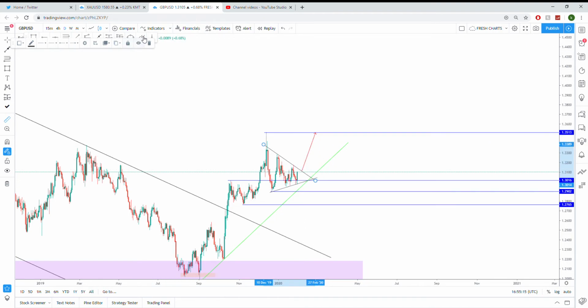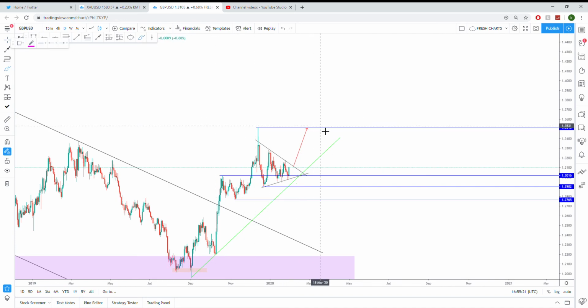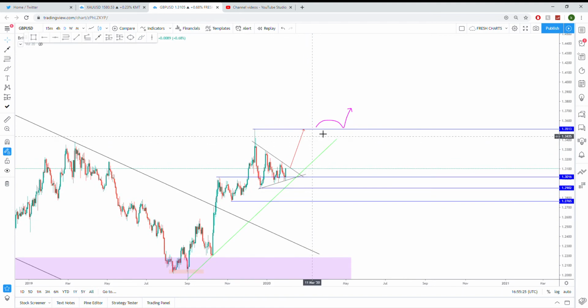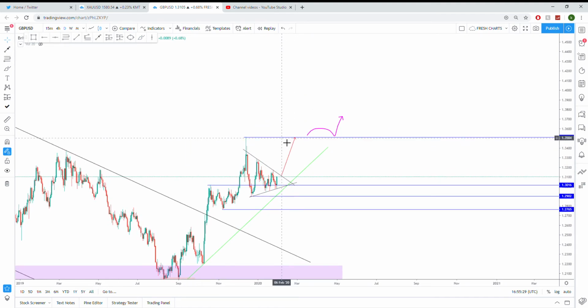So essentially, we break up towards here, we do something like that, and then boom, straight to the upside. If you do miss all of this move for whatever reason and you just can't get in, there's always opportunities to get in.